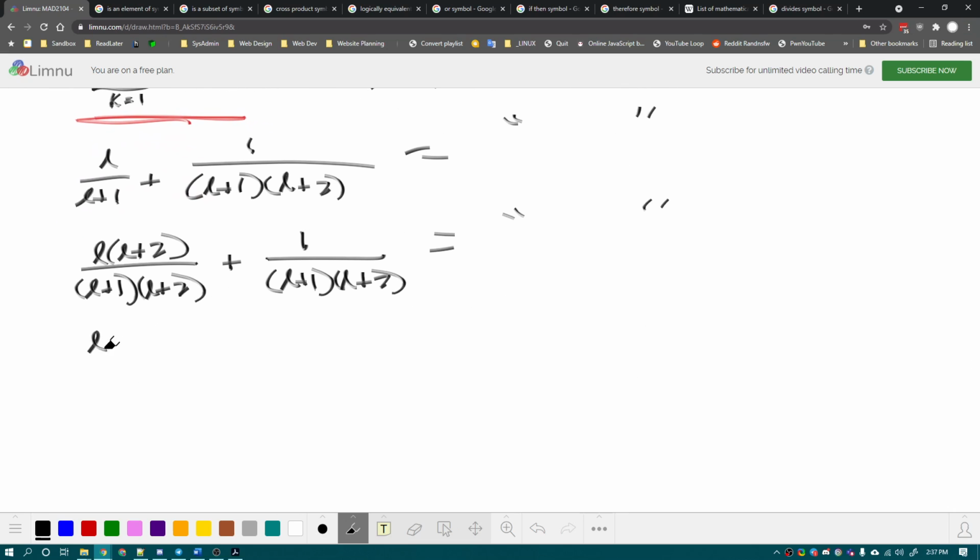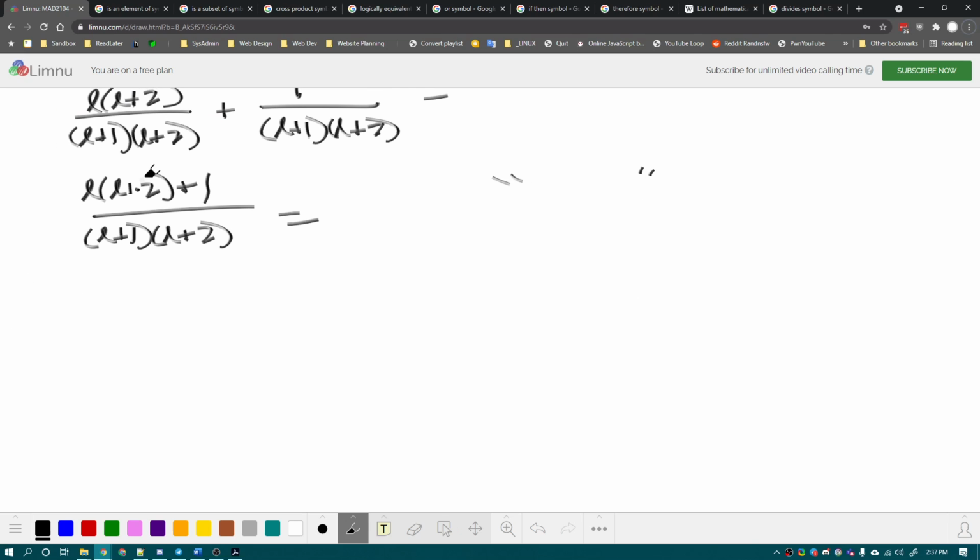So the top is L times L plus 2 plus 1 all over L plus 1, L plus 2. I'm going to distribute this L, so that's L squared plus 2L plus 1, all over L plus 1, L plus 2.